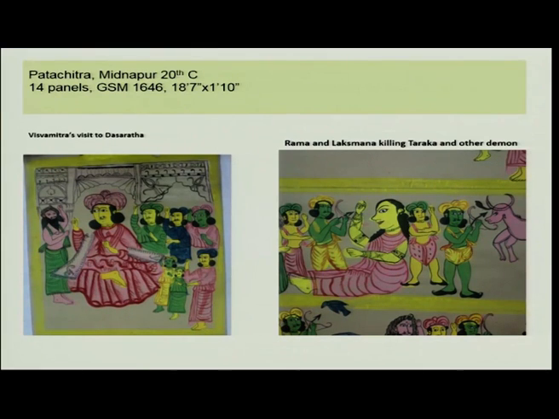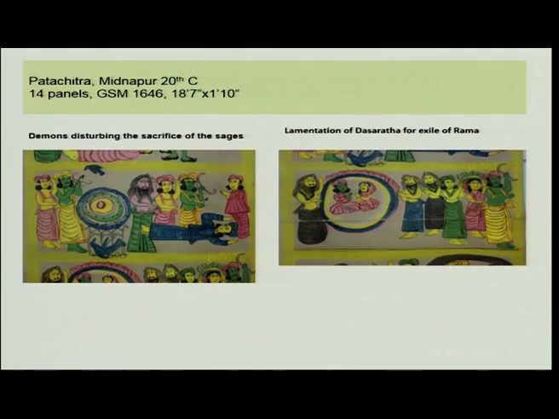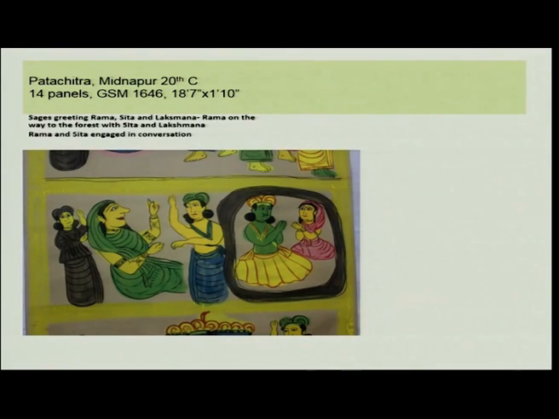Rama and Lakshmana killing Taraka and other demons. Demons disturbing the sacrifice of the sages. Lamentation of Dasharatha for exile of Rama. Sages greeting Rama, Sita and Lakshmana.